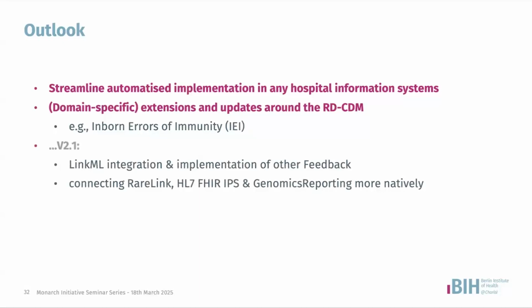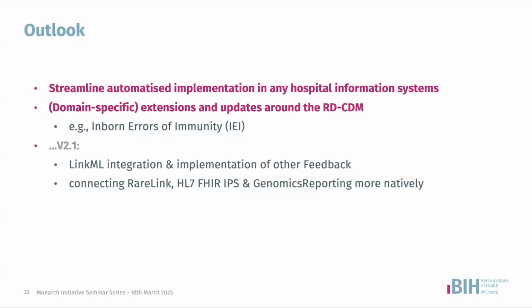For version 2.1, we are thinking about integrating LinkML more inherently. When we developed the data model, I just learned more about LinkML, and we found it is a standardized data modeling language with which you can use a lot of tools, and you have an even more standardized approach of expressing your data model itself with loads of functionalities.